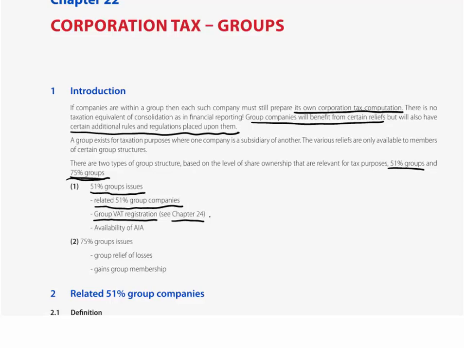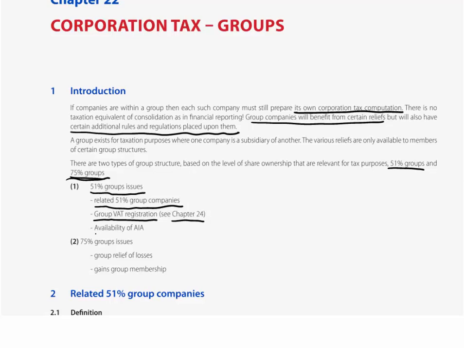This, as we'll see in Chapter 4, is not compulsory. We get to choose which, if any, of our companies we would actually want to put into a group VAT registration. And for those that we choose to put into such a group VAT registration, we'll then only have to prepare one VAT return, rather than lots of separate individual VAT returns. But more of that, the details of that, within Chapter 24.